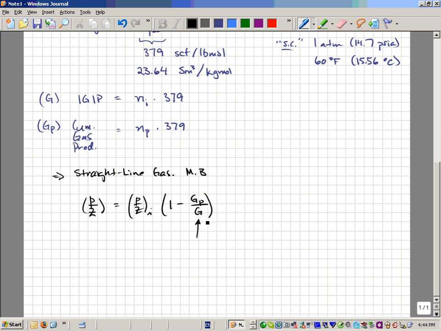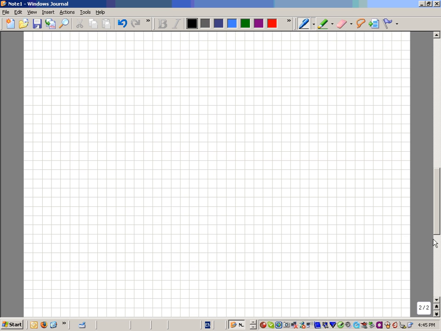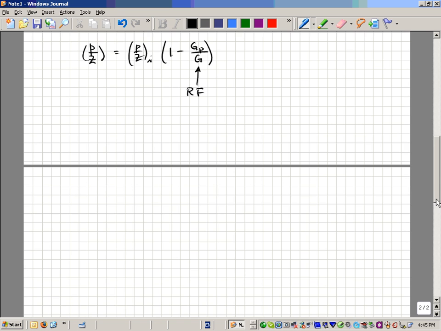This term GP over G is effectively the recovery factor of the surface gas. And that's our straight line material balance equation.